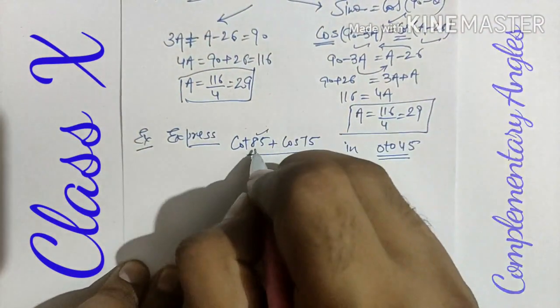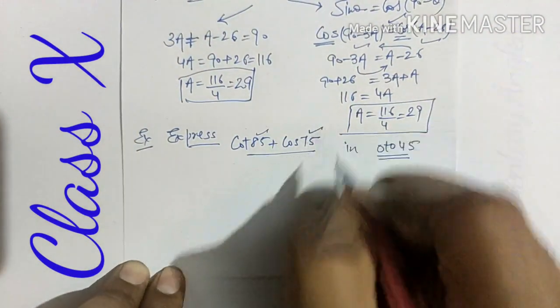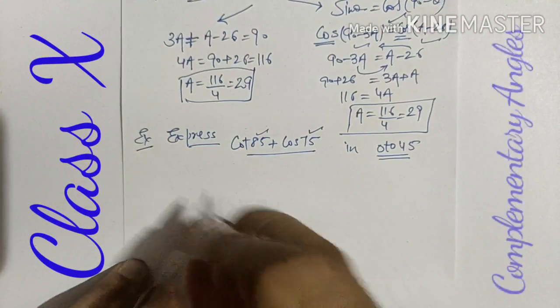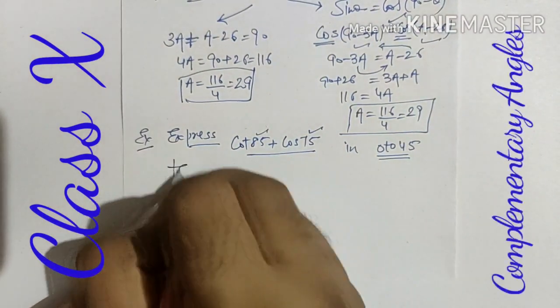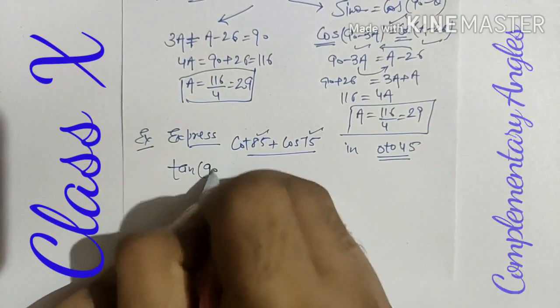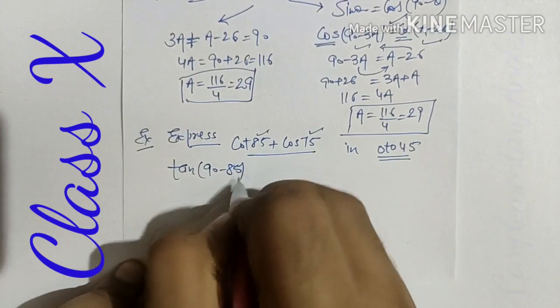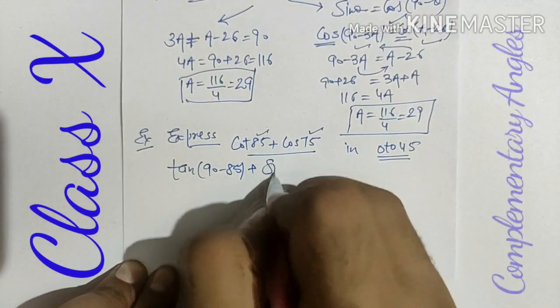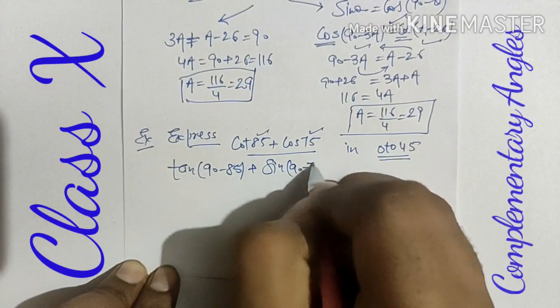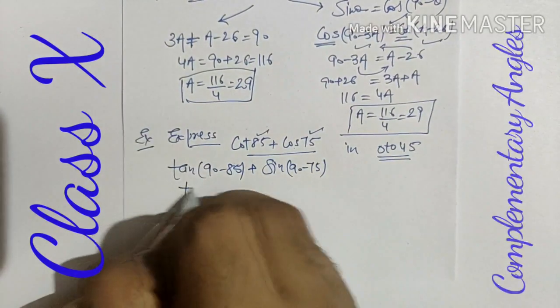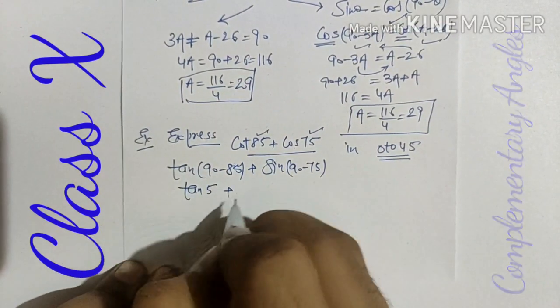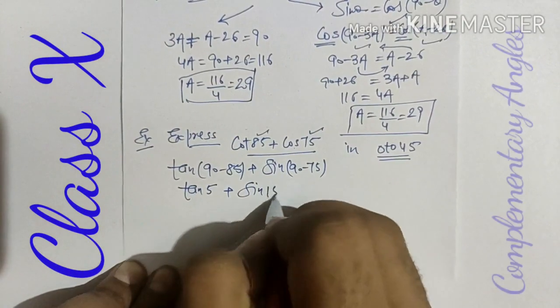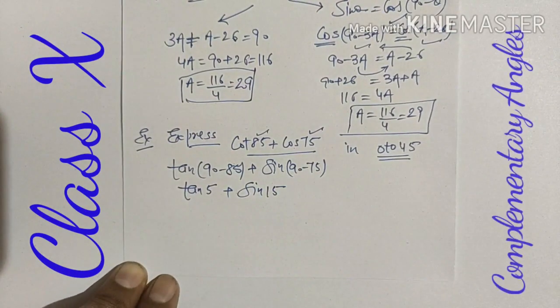So it comes out 90 minus 85, and 90 minus 75. The complementary pair of cotangent is tangent, and the complementary pair of cos is sine. So it becomes tangent 5, and it becomes sine 15. Like this we can convert into small angles.